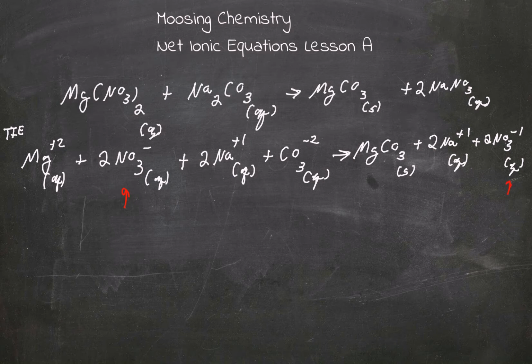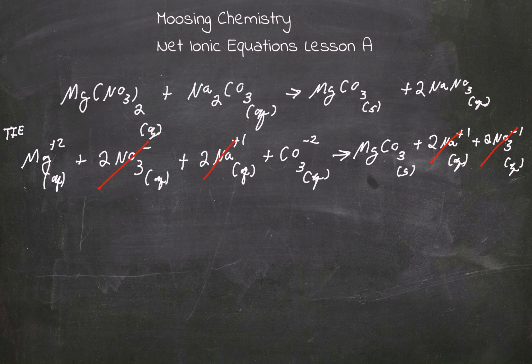They're aqueous here and aqueous here, they don't change, right? So they're spectator ions, so I'm going to get rid of this one and this one. What about my Na? My Na is aqueous here, and it's also aqueous here. So that's a spectator ion because it doesn't change. So we get rid of the Na here and the Na here. What about our carbonates? They're aqueous here and solid here, so that does change.